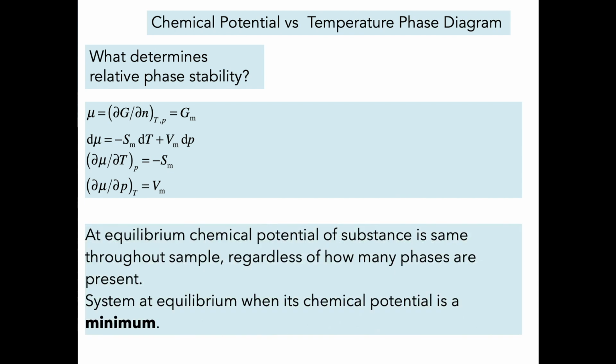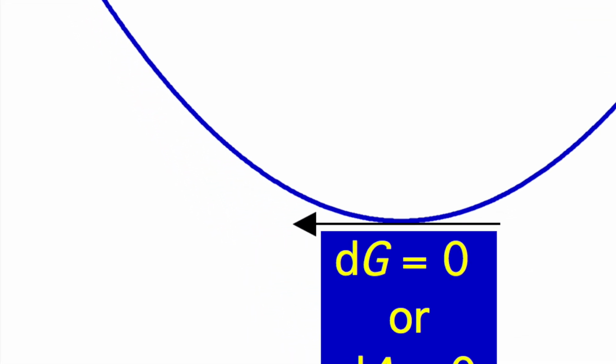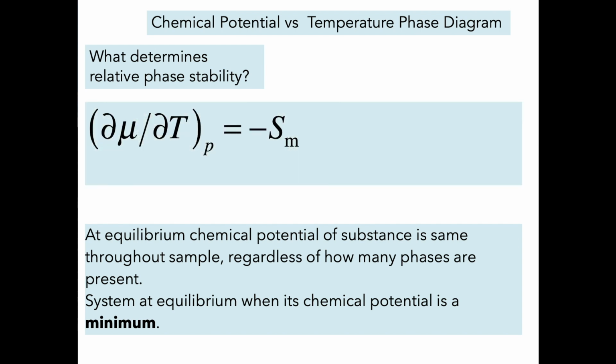So at equilibrium, we know the chemical potential of a substance is the same throughout, and that's true even if we have multiple phases. A system also evolves toward equilibrium, at which point its chemical potential is a minimum. So let's keep those ideas in our mind. And let's concentrate on how the chemical potential changes as a function of temperature, right?